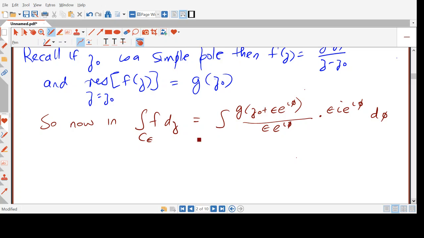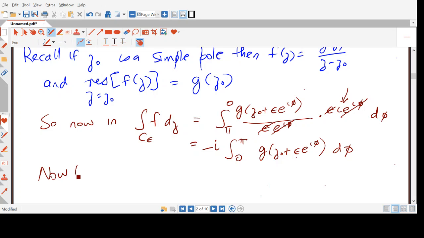Okay, let's now try to simplify this. Epsilon kills that. Oh, by the way, it's from pi to 0. So if I want to switch this around, I can make this a minus i and change the limits from 0 to pi, g of z naught plus epsilon e to the i phi d phi.